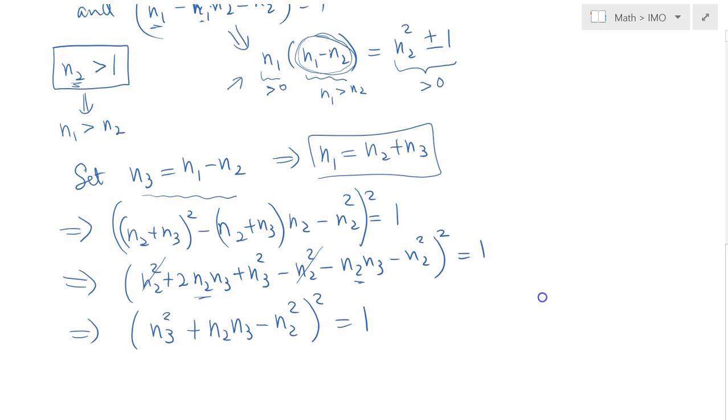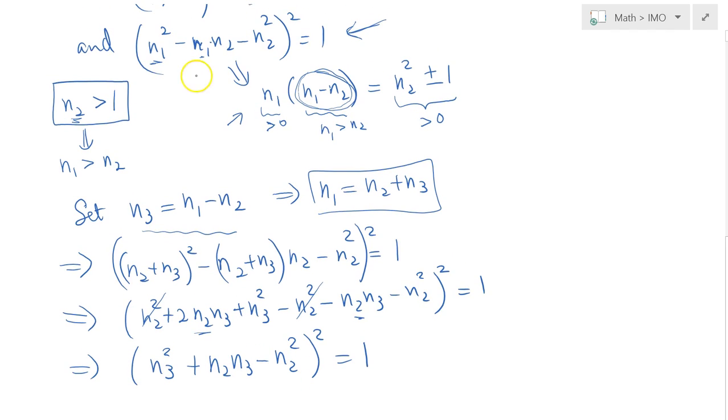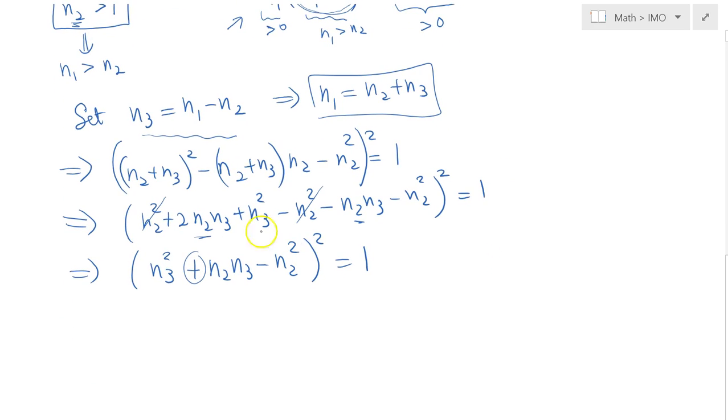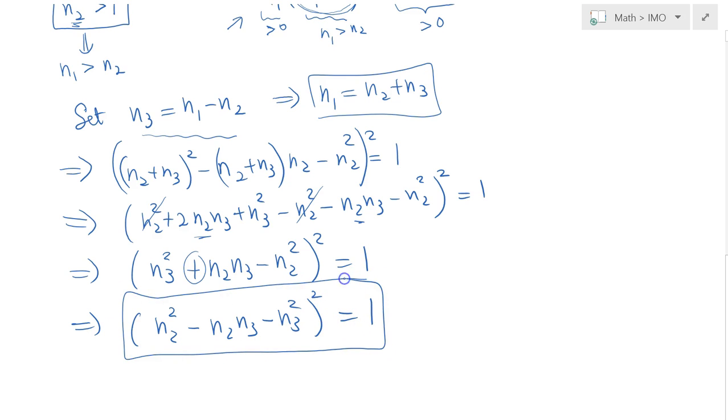And now at this point I realize the similarity of the two expressions, except that there's a plus sign here which is not nice, but luckily we are inside the square, so I can just multiply the things inside the parentheses with a -1 and it won't affect anything. So I can organize it this way, minus n sub 3 squared, and now this is exactly an implication.